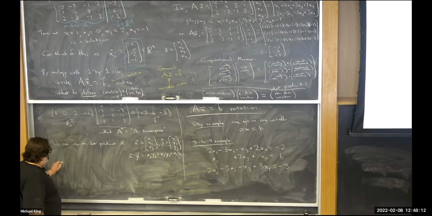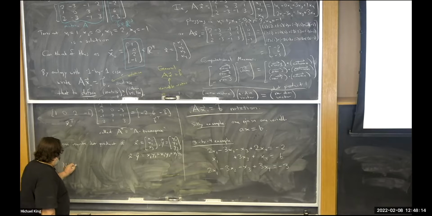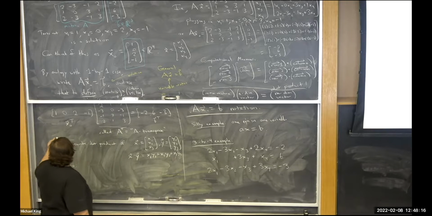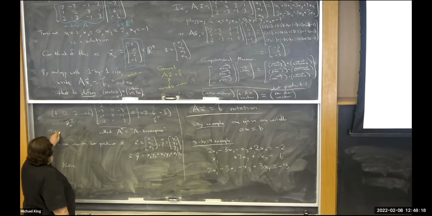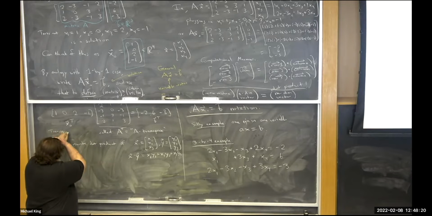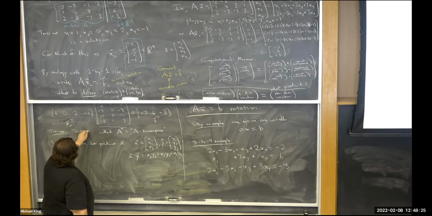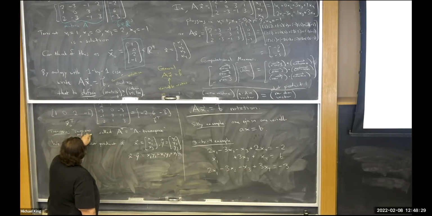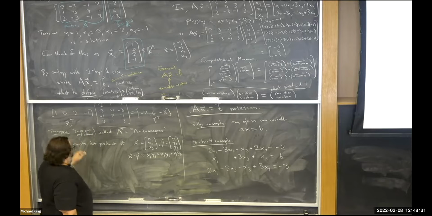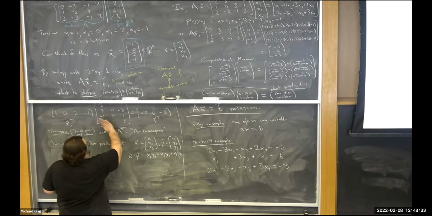So notice, the transpose is swapping rows and columns. It's sort of like flipping the matrix along the diagonal, or flipping a vector.